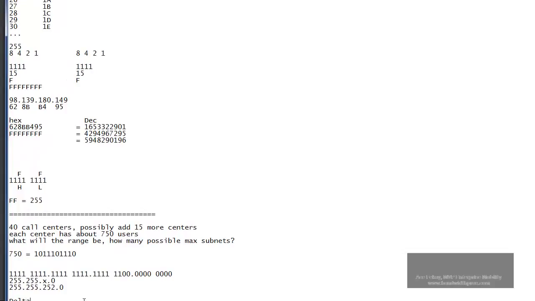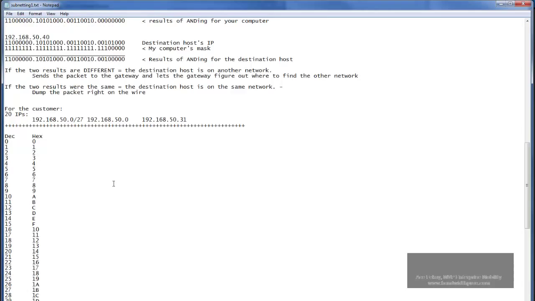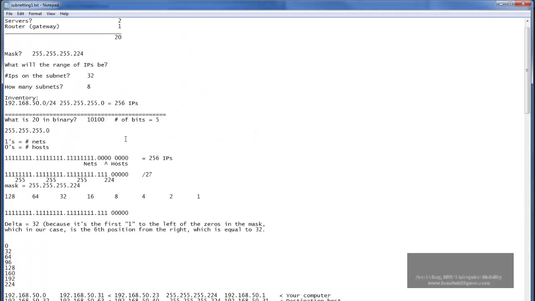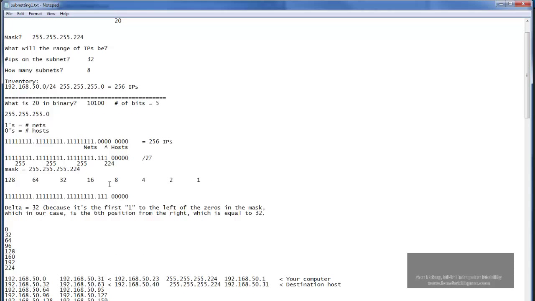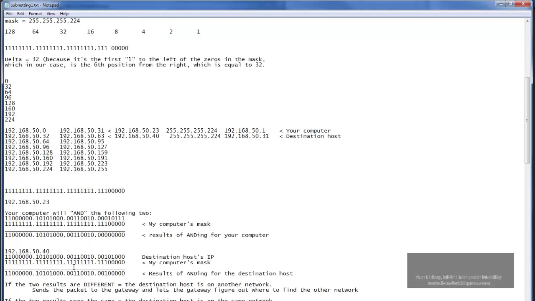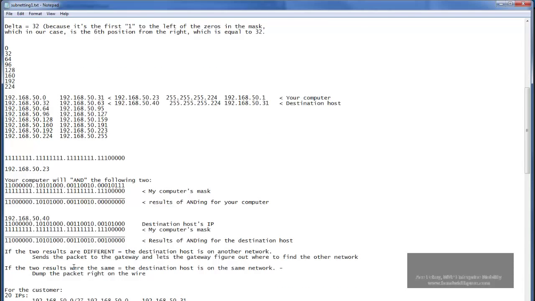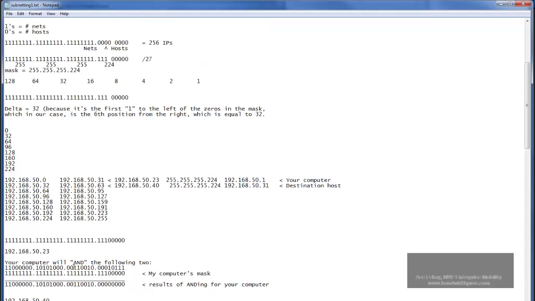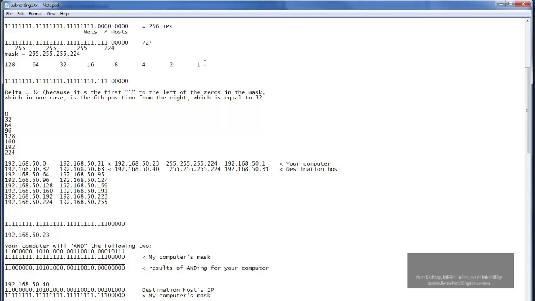What is the delta? We don't care about the last octet now. We're way past this. Now we're into this octet here. The delta here is the 3rd bit. Remember what the 3rd bit is here now. Let's go all the way back up here, wherever I wrote that, broke it out. Where did I put that? Doesn't matter. All right, here.